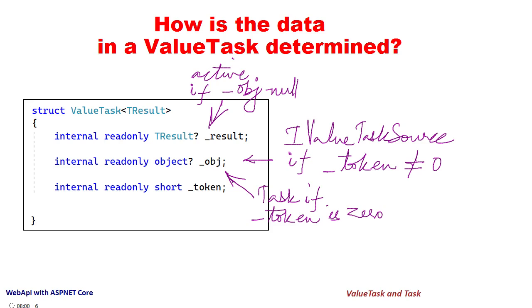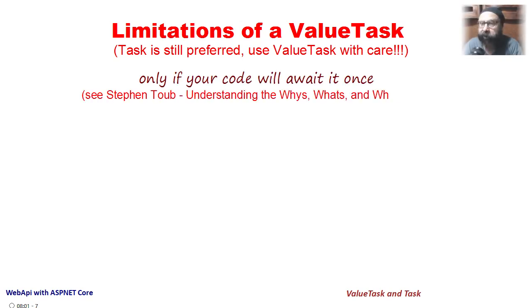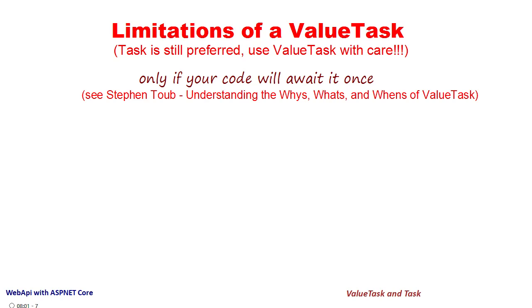Now ValueTask has a few limitations also. Task is the mostly used one because ValueTask has certain limitations, and let me explain those limitations also. A ValueTask is recommended only if your code will await it once. Multiple awaits are not allowed because ValueTask has pooled resources.